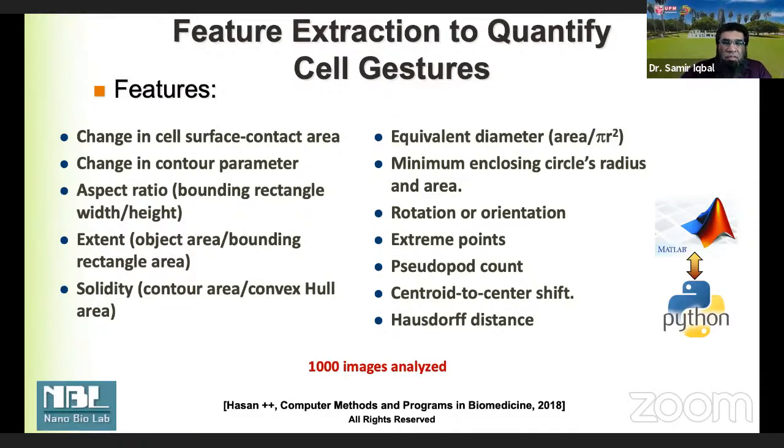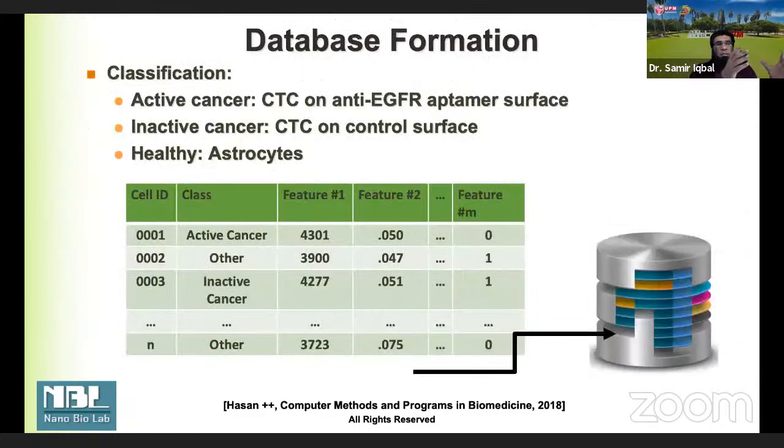So here are a few features, and we have identified 60 features in the system, which were published in this paper a couple of years ago. Now here we have cells, one cell, two cells, hundreds of cells. For each cell, we have their behavior or gesture functions, and for each cell we look at those features for thousands of data points.